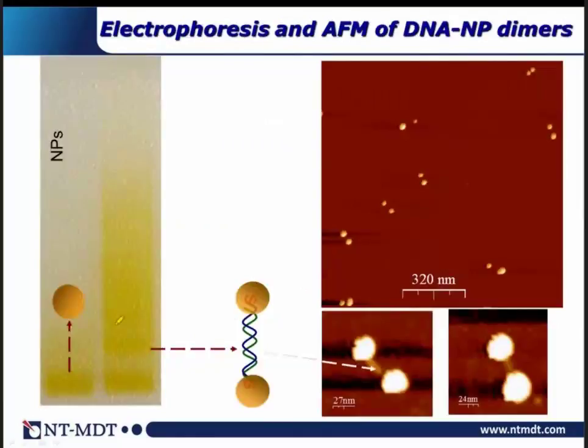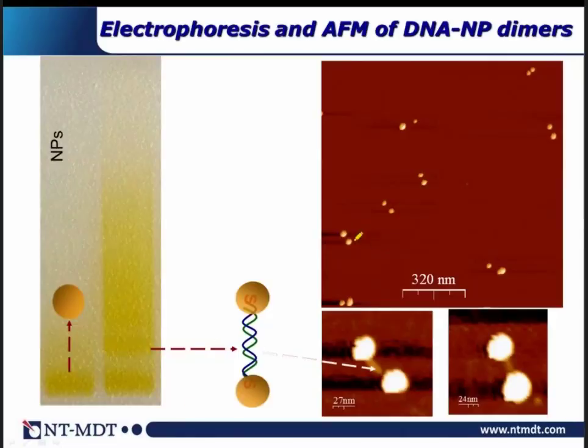You run the sample on electrophoresis, and what you see: this band corresponds to the initial particles. Here you can see the formation of a new band. Again, you extract the material out of this area of the gel corresponding to the band.